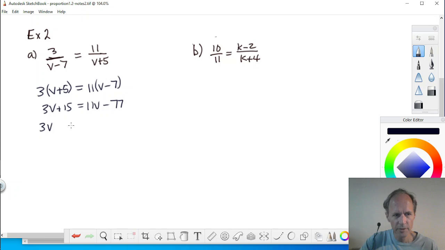We'll leave room to subtract, writing this all in line. 11v, leave room to subtract. That way we can put the v's together when we write them down. Don't have to do it that way, but so we're subtracting 3v from both sides.